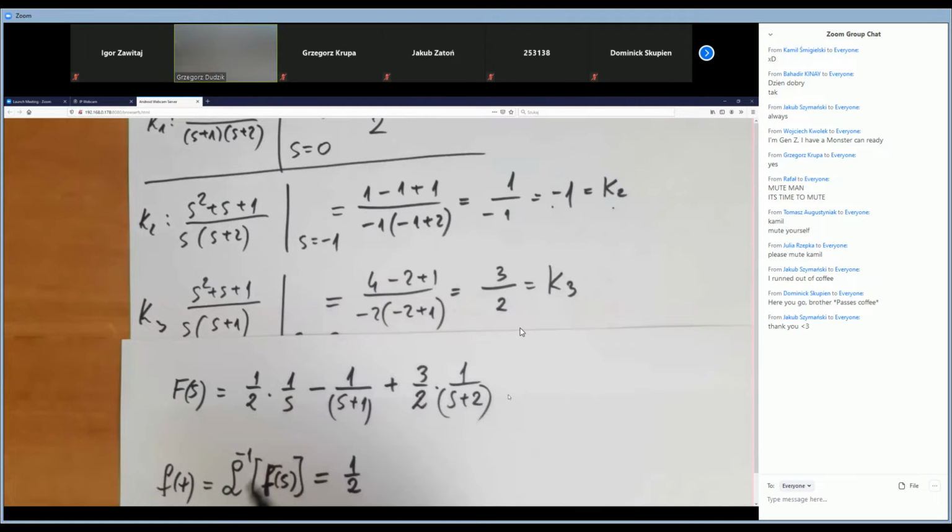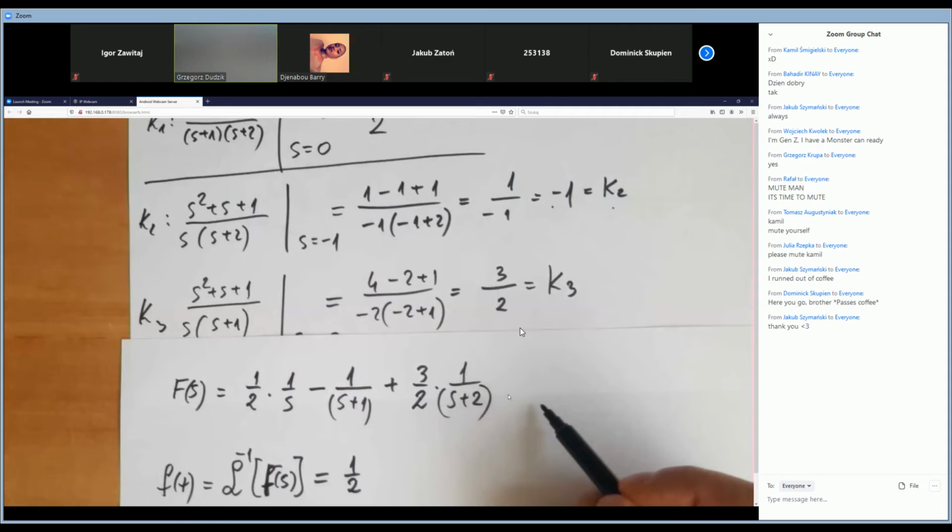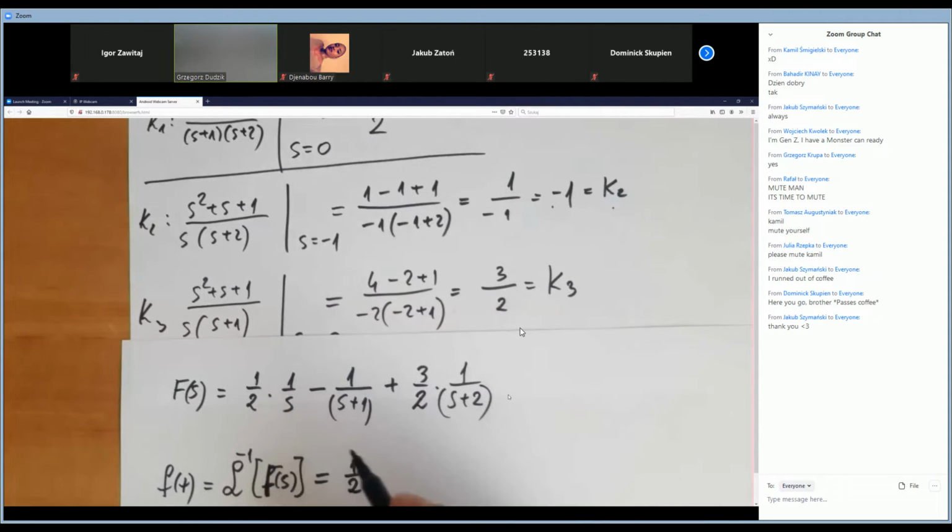Do you remember? This is just the unity function, yeah? That's right. So we have to remember that the unity function will be at the end of our expression. So it is 1, in fact. So it is just 1 over 2.